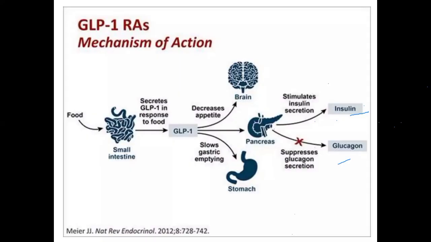Gastric emptying is slowed down, and as soon as gastric emptying is slowed down, it decreases the appetite. As the appetite is decreased, the intake of glucose from the ingested food is reduced. So this is how the mechanism of action of a GLP-1 receptor agonist works. This was the pictorial representation of the GLP-1 receptor agonist.